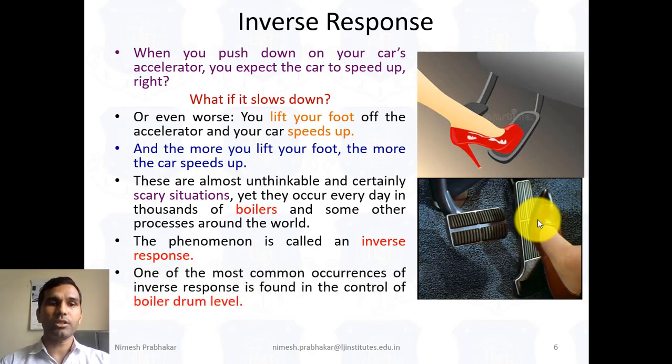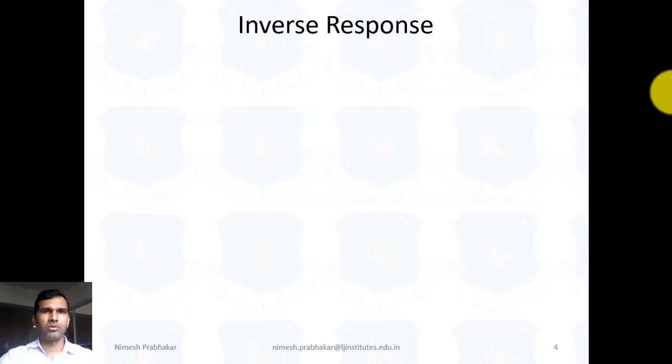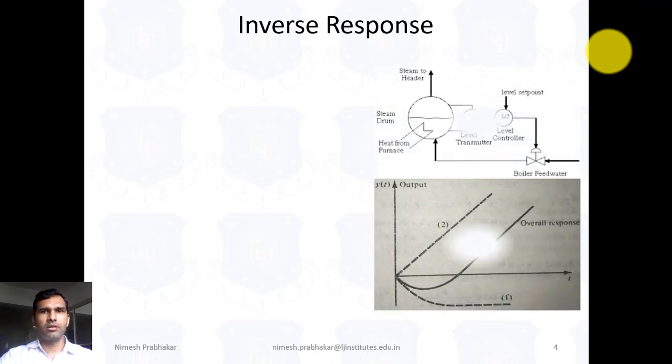Now, one of the most common occurrences of inverse response is found in the control of the boiler drum. So now we understand the inverse response in terms of the water drum. Here in the figure is a representation of a simple drum boiler.